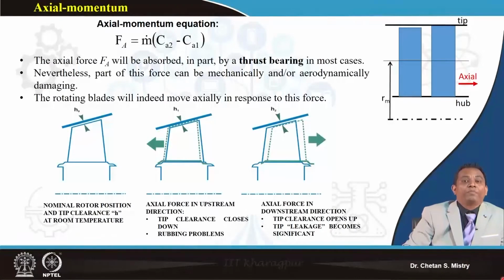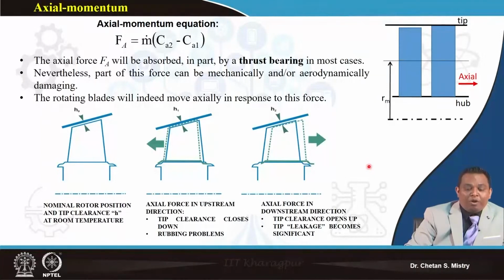Say we put a term for axial momentum. We have three major velocity components, rather a fourth velocity component we correlate with the diffusion process. Considering the axial velocity, the axial momentum equation is written as m dot into Ca2 minus Ca1.